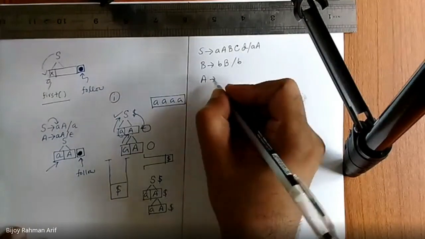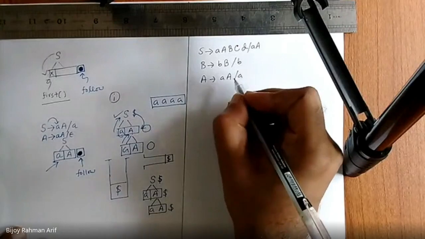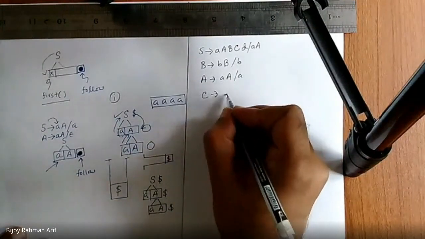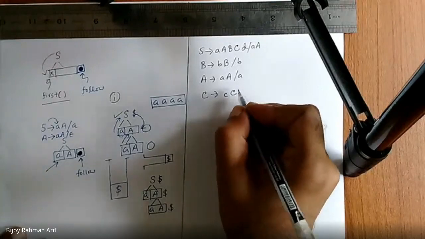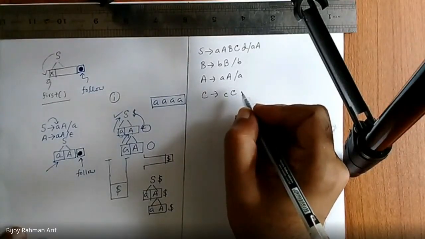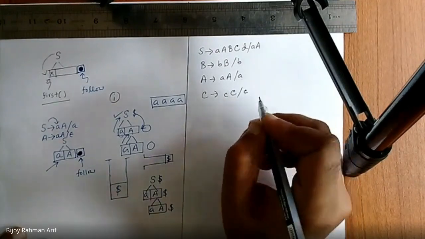Capital A derives small a, capital A, or a. Capital C derives small c, capital C, or small c. Now tell me.